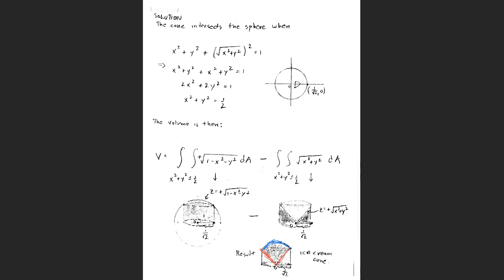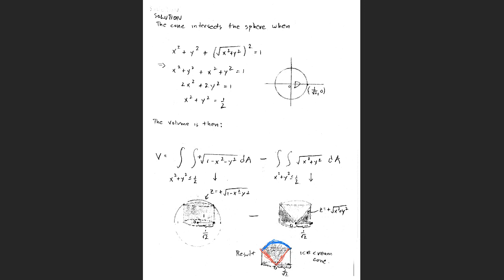So this surface here, look at the picture. This surface here on top, is it part of the cone or is it part of the sphere? It's part of the sphere. That's right, James. Or Ian. That's right.